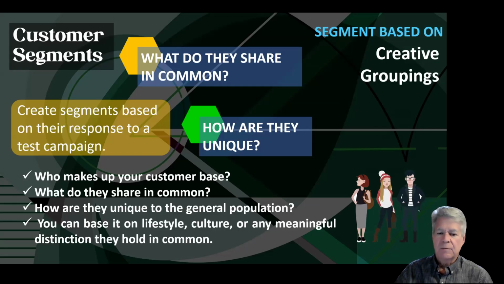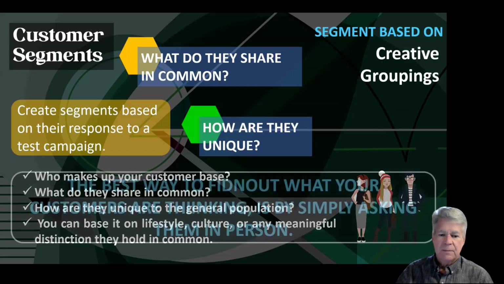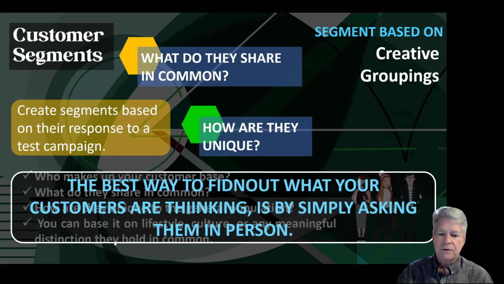Large companies can hire market research firms to drill deeper into their customer segments by using survey techniques that help these companies better define their unique customer segments. But remember, for small business owners, the best way to find out what your customers are thinking is simply by asking them in person. This works well for fine-tuning your customer segments, unless they're so obvious you don't need to think about it. And for some small businesses, they're pretty simple.